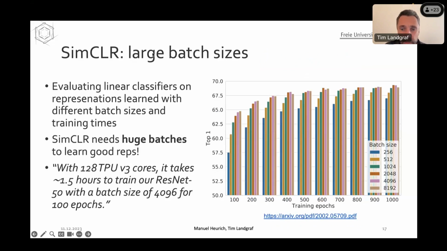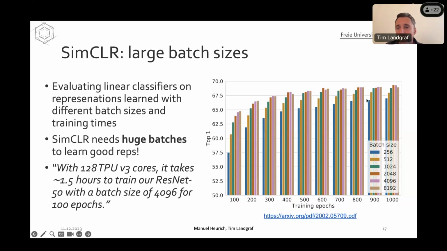Now batch sizes. As I said, SimCLR needs huge batch sizes to learn good representations. So the authors compared batch sizes of 256 up to 8,000. And we see that in general, especially in the regime with shorter training times, we see drastic improvements when using huge batches.